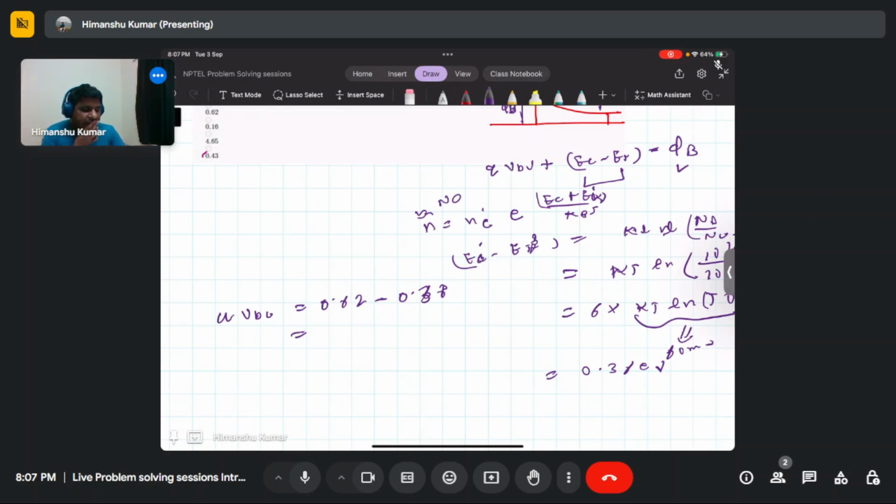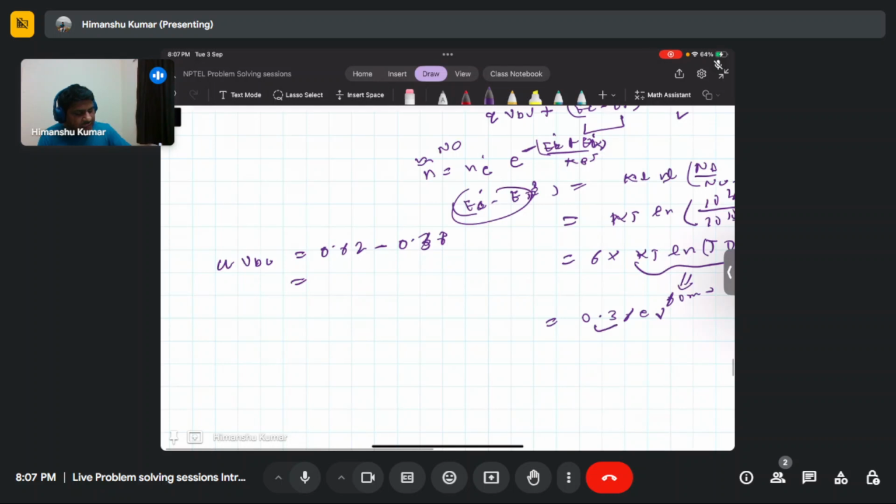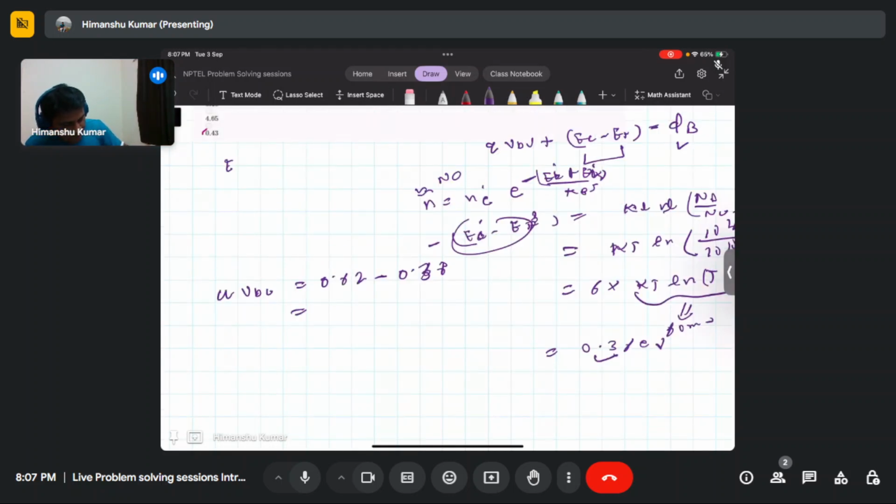So basically it will become EI minus EF, and this you will reach at 0.36 electron volt. To calculate EC minus EF, you need to subtract from EG by 2 minus (EI minus EF). If you calculate 0.52 minus 0.36, this will become 0.26 electron volt.